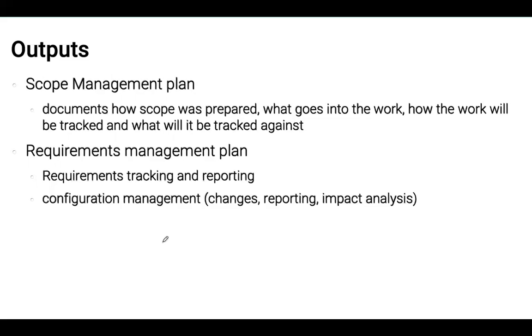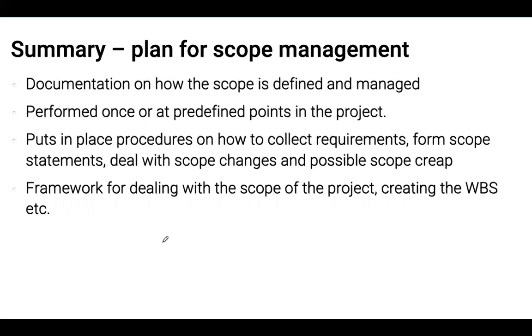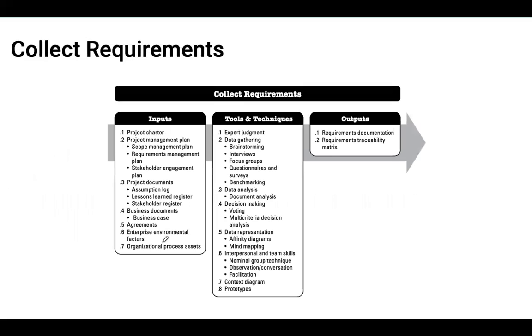So now that we have the plan, we can start getting into the rest of this knowledge area. So we can start collecting requirements. And again, for collecting requirements, we have inputs from the project charter. The project management plan includes the scope management plan as well.